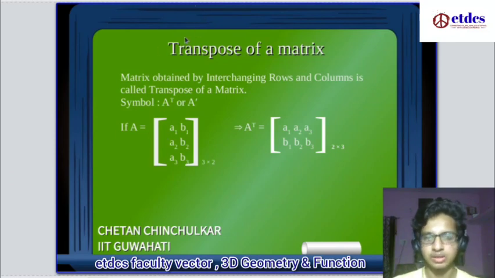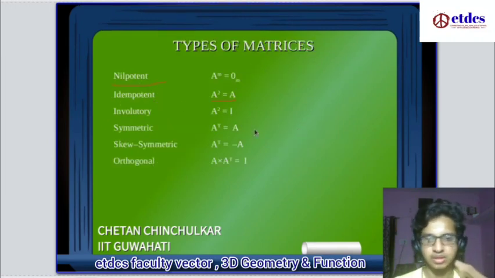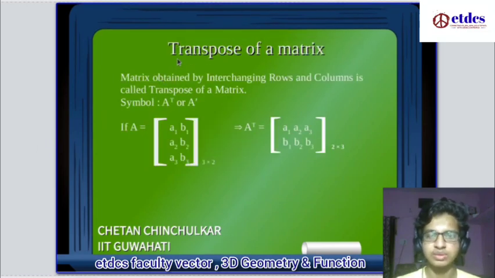Now the next topic is, what does the transpose of a matrix mean? We checked what symmetric, skew symmetric and orthogonal matrices are. Now we will check in detail what the transpose of a matrix means. Basically, the new matrix obtained after interchanging the rows and columns is known as the transpose of the matrix. Here we took an example of a 3 cross 2 matrix: A1 B1, A2 B2, A3 B3, which has 3 rows and 2 columns.